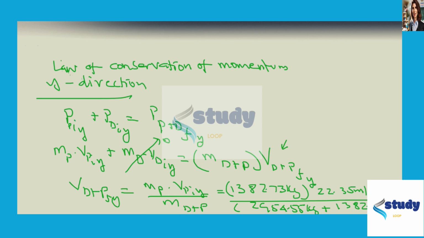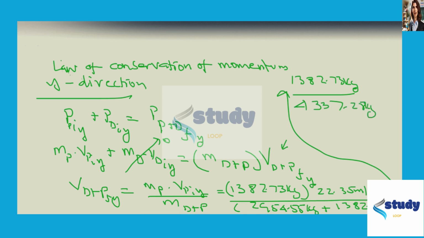We're adding them together, and we get 2954.55 plus 1382.73. This is 4337.28 kilograms. There's a lot of arithmetic going on here.